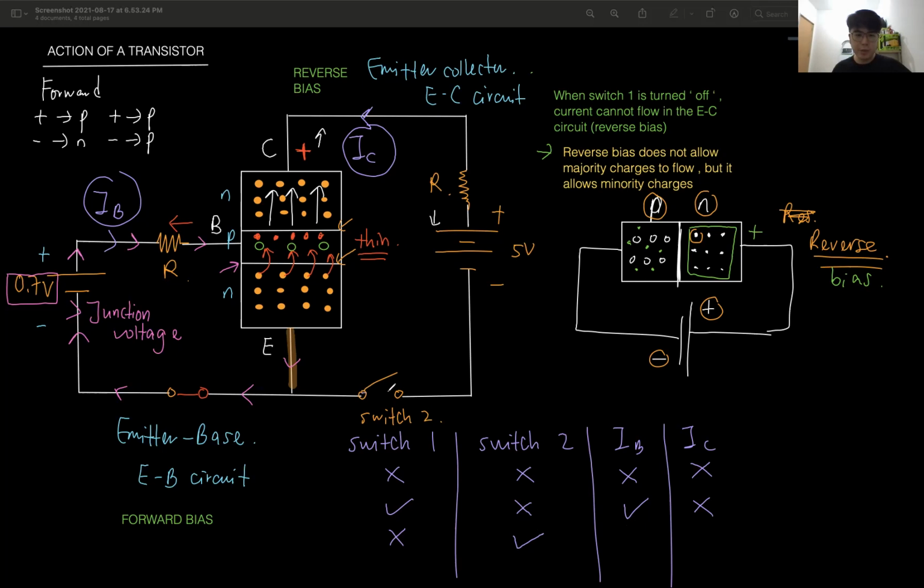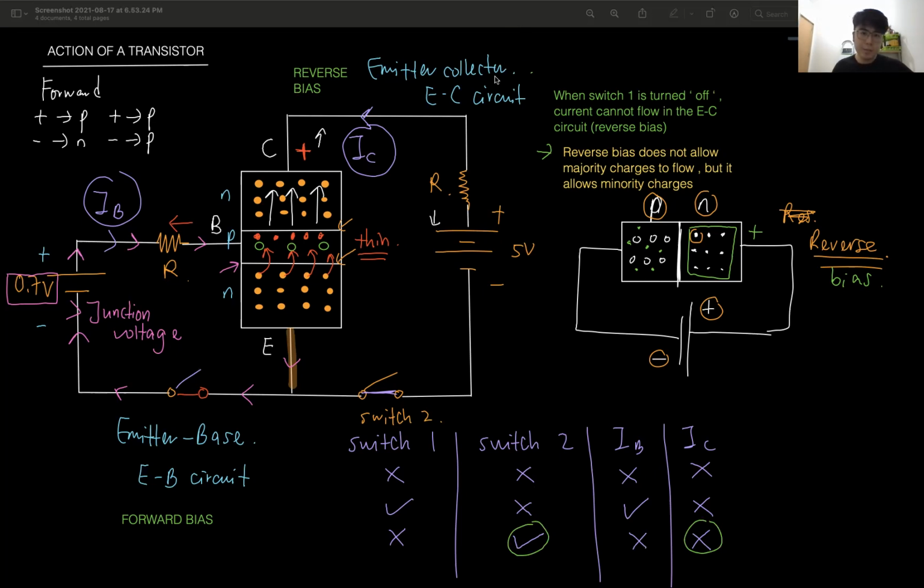Is there current flowing here? Answer is no, again, because it is in reverse bias. Switch 1 is off, no IB, and this also no current, even though switch 2 is on, because it is in reverse bias.